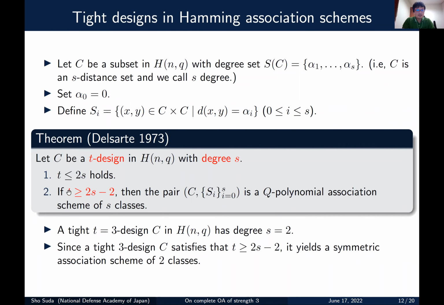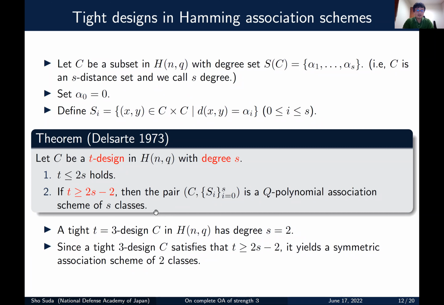And if t is at least 2s minus 2, then this pair, where C is the t-design and R_i is a binary relation defined on C determined from the Hamming distance alpha_i, where we assumed C has Hamming distances alpha_1 to alpha_s, forms a Q-polynomial association scheme of s classes.